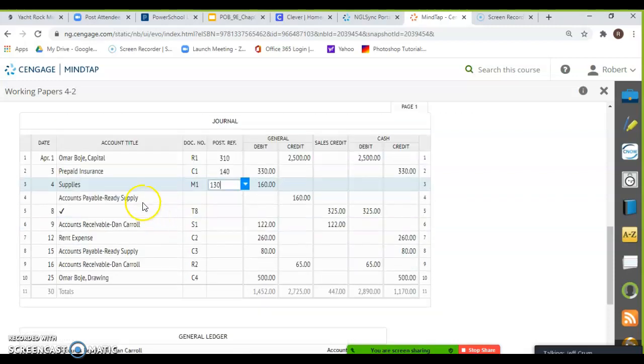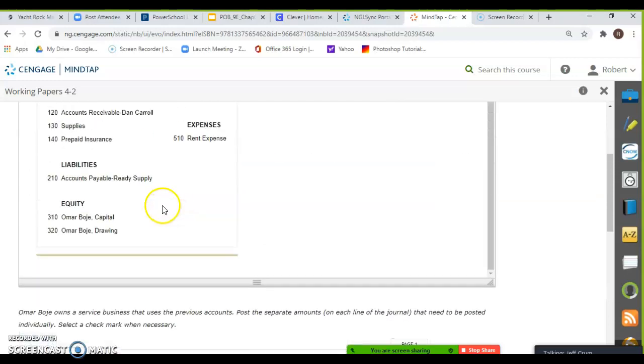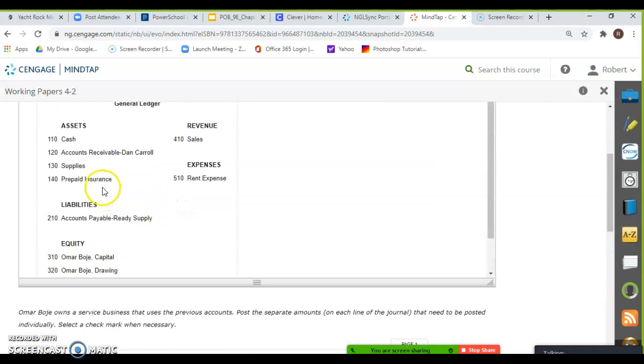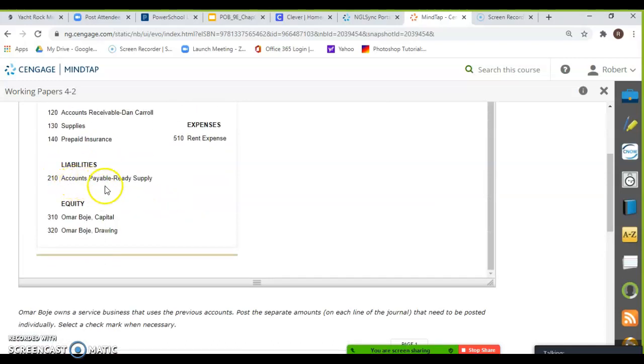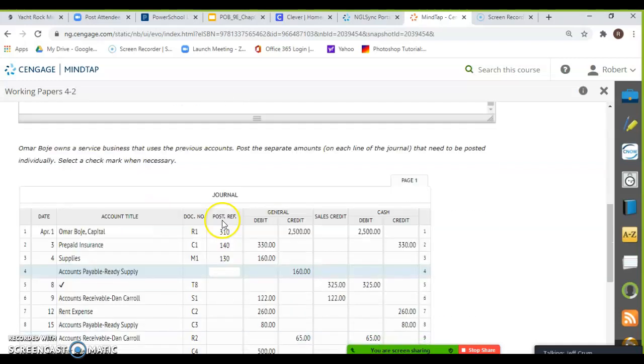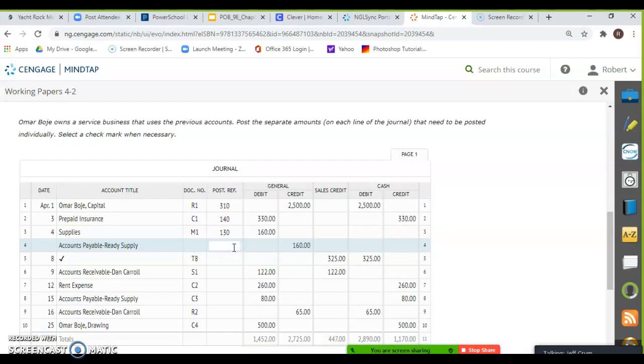And then we've got, let's see, skip this one for accounts payable. Account for Ready Supply. Accounts payable for Ready Supply, it's account 210. 210.